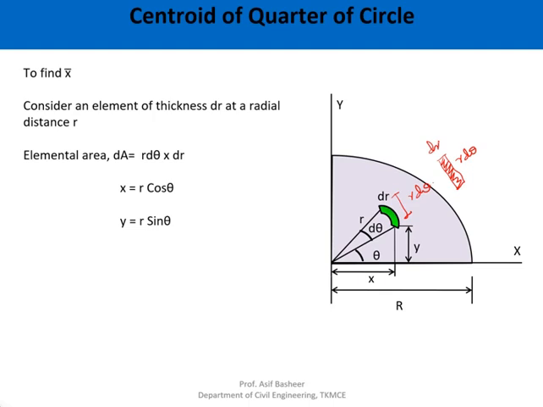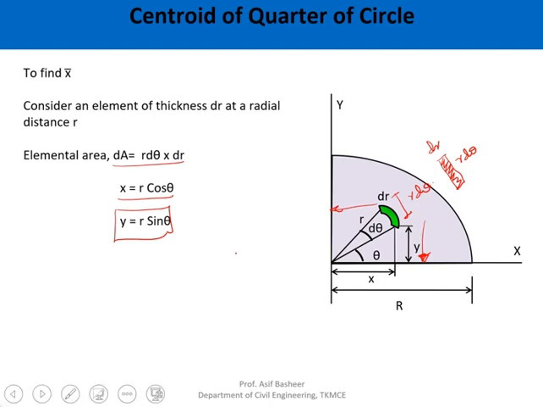So the elemental area dA is r d theta into dr. Also I can write the x component of this strip as x is equal to r cos theta, that is the projection of this on the x-axis, and the projection of this on the y-axis I can write as r sin theta.